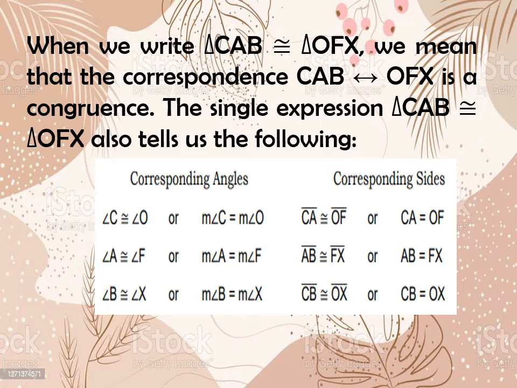If we have side CB that is congruent to side OX, this means that the measurement of side CB is also equal to side OX.